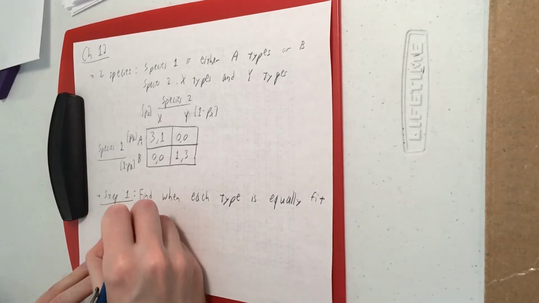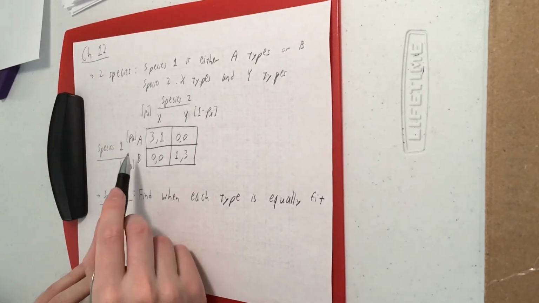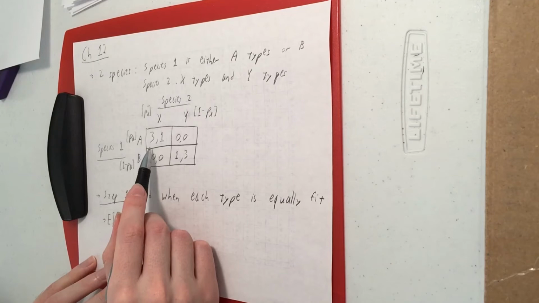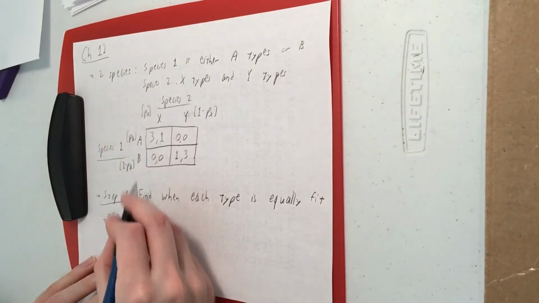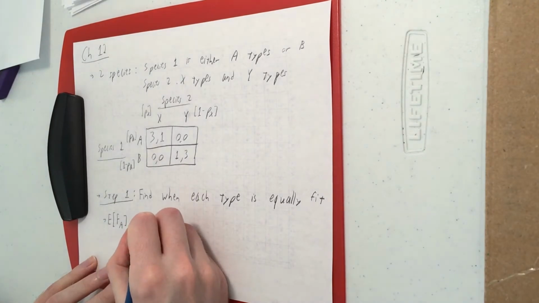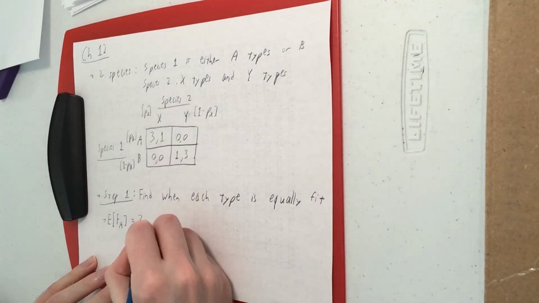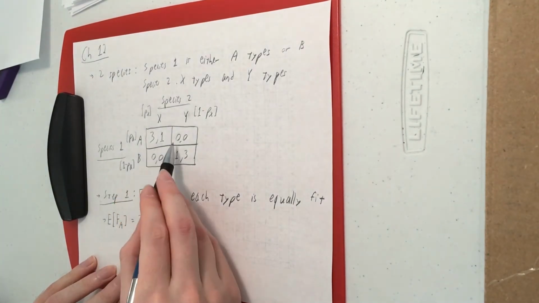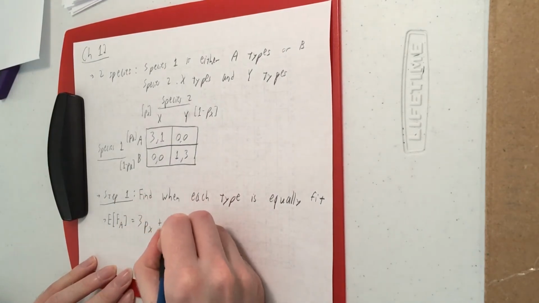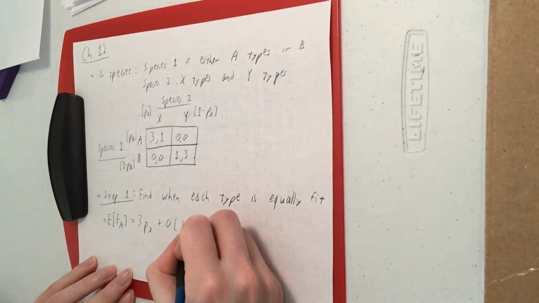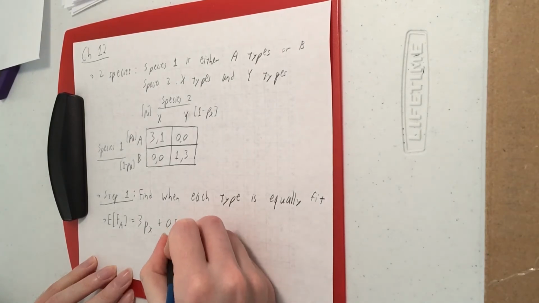So let's find the expected fitness of the A types. With probability PX, they meet an X type, and they get a fitness level of 3. With probability 1 minus PX, they meet a Y type. In that case, their fitness level is 0.